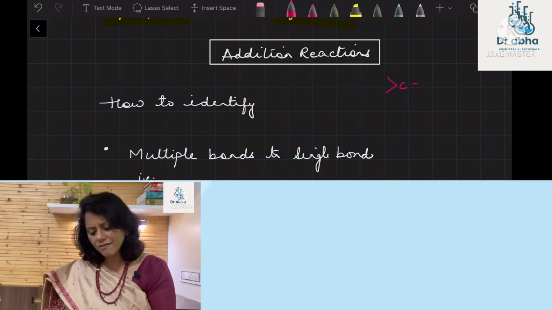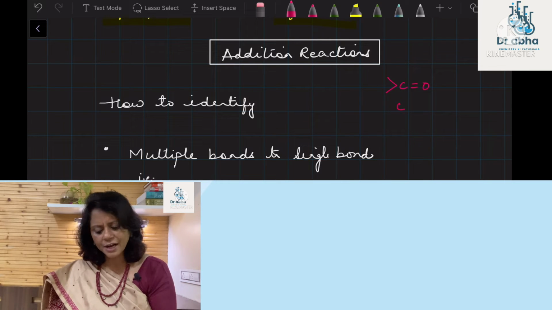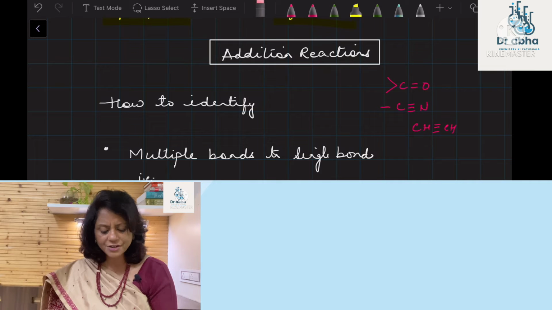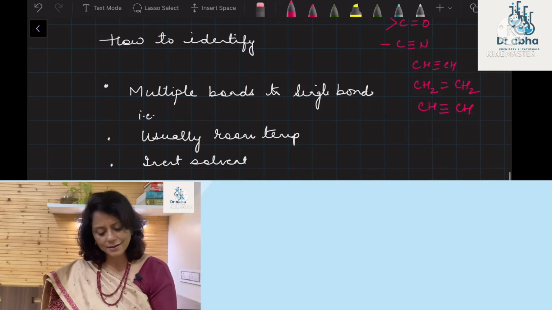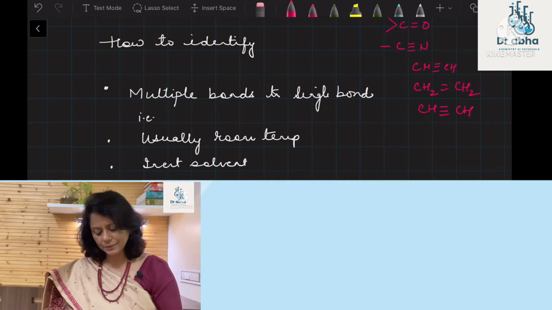Wherever the carbon is showing any kind of multiple bond, this reaction will be possible, right? So let's work out the different types of the addition reaction. I have just put certain groups which will be showing addition reaction, and most important it is with alkenes, alkynes. Okay, so let's get started.